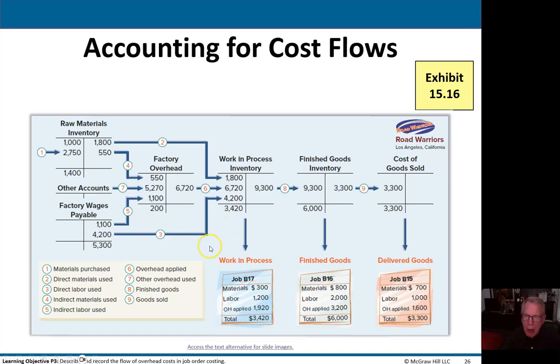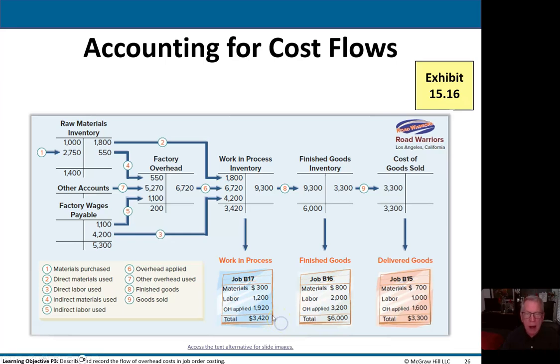Now, when we apply overhead, it comes out of the factory overhead account and into the work in process account. So at this point in time, this work in process for job Bravo 17 includes $300 of material, $1,200 of labor, $1,920 of overhead that we've applied.